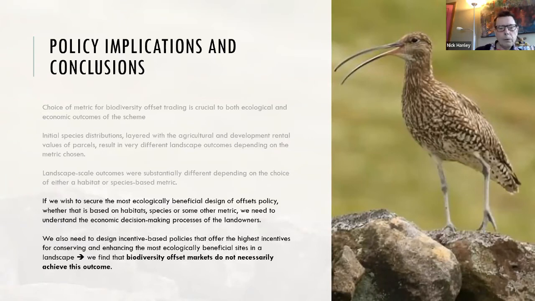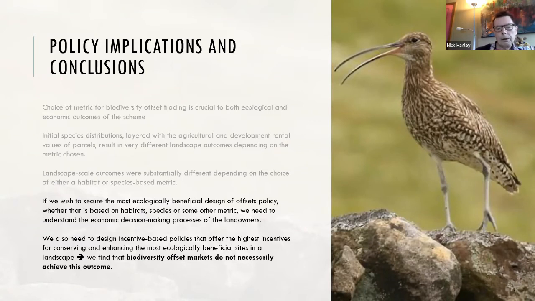And we do find also that with this market, we're not delivering the biggest incentives for conserving and enhancing the most ecologically beneficial sites. Because some of those most ecologically beneficial sites are essentially being lost to development because house builders can make a big enough profit to still make it attractive to build on that site, even though they got to buy lots of credits.